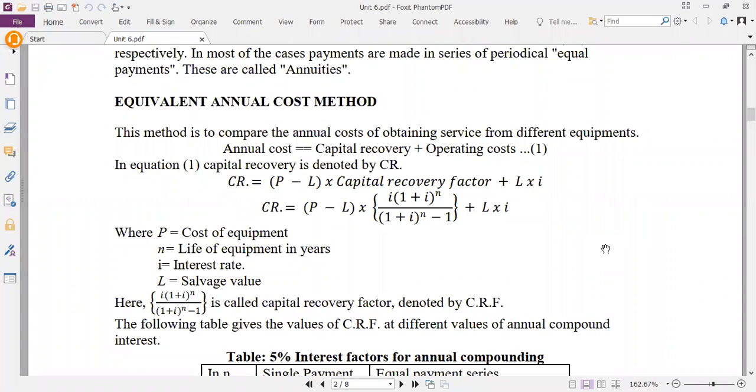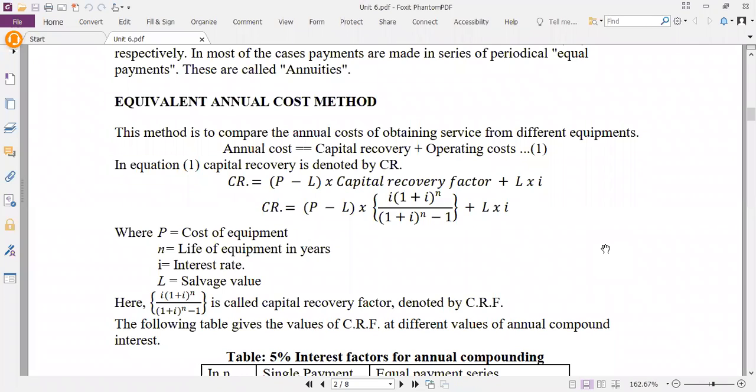Capital recovery factor is I into (1 plus I) raised to n divided by (1 plus I) raised to n minus 1. In this formula we are using these notations. What is the meaning of these notations?